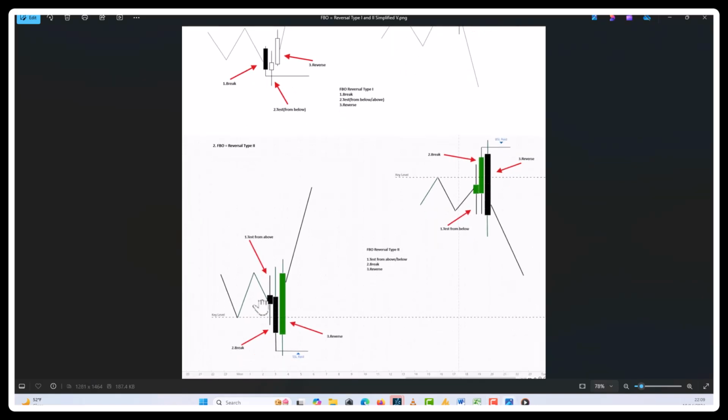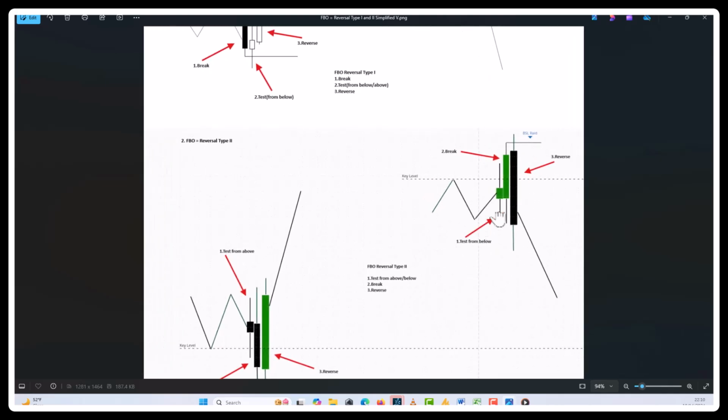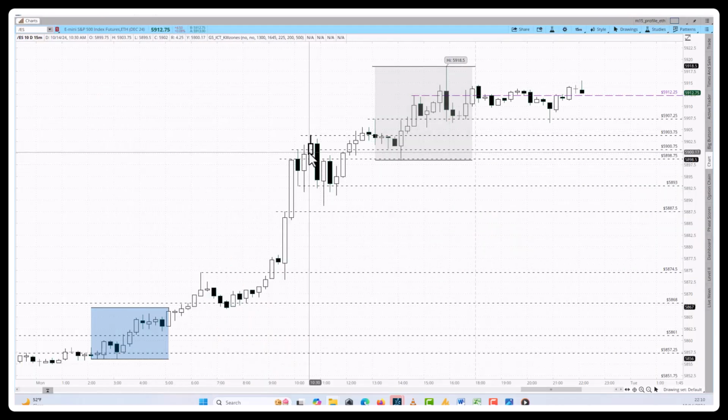So basically it's test from below, type 2 reversal, break and reverse. That's what we saw right here. Really short right here, but this one doesn't go any further down, so it's not a real opportunity for us at all.